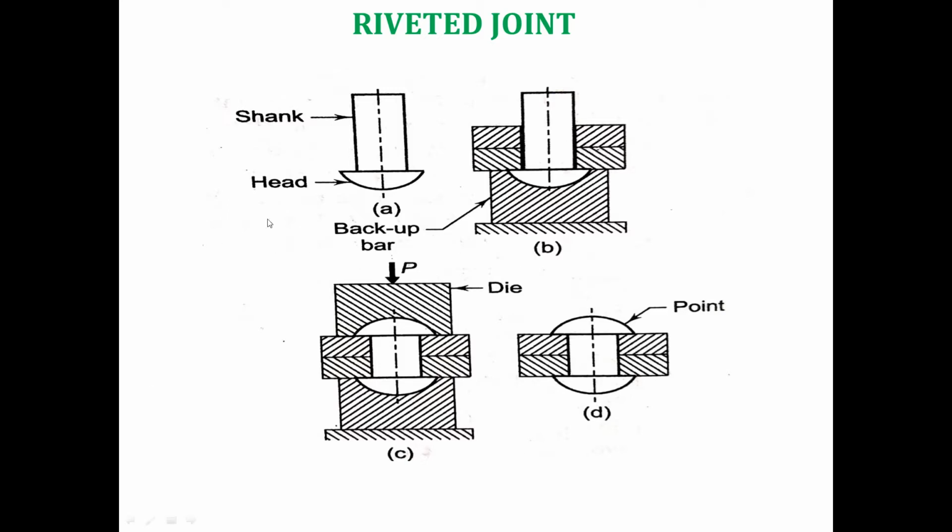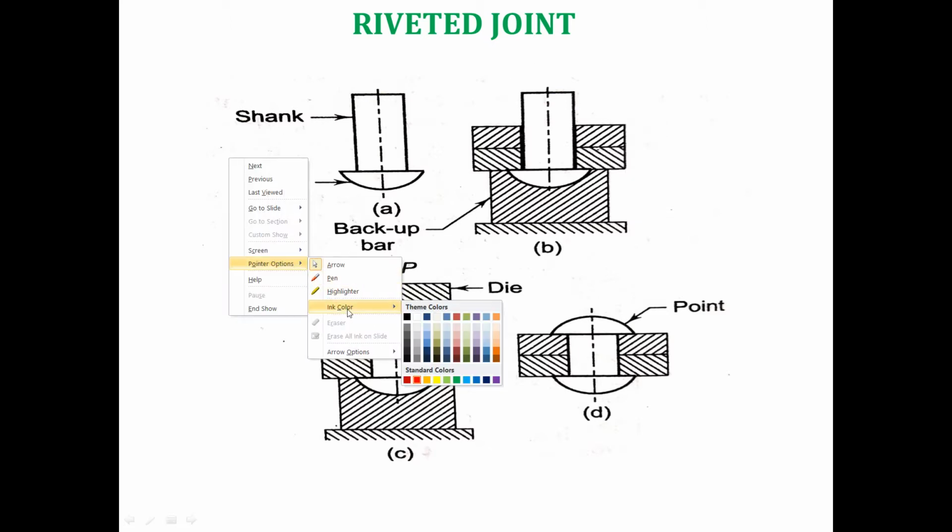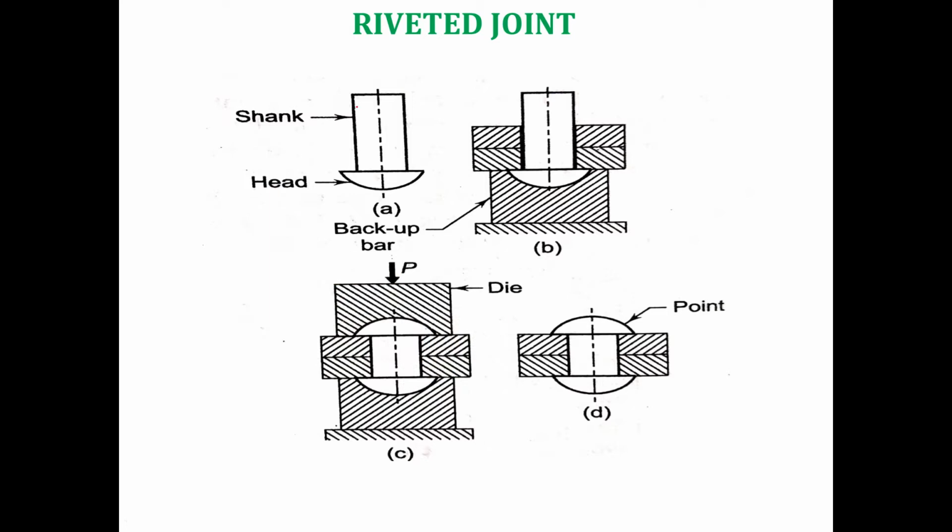Okay, so let us consider what a rivet joint is. This is a rivet. A rivet normally consists of three parts. First part is called the head of the rivet.